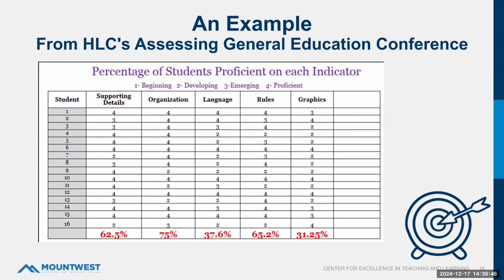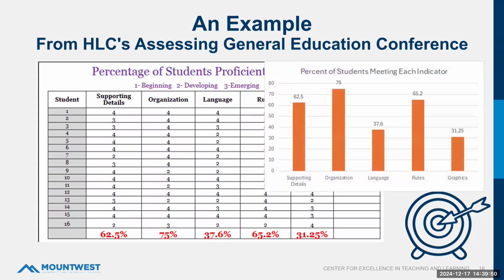So 31.25% of the students were proficient at graphics. That is a much more useful piece of information, right? 2.9 or 2.8, that's not really telling us anything. But less than a third of the students are passing, that's more informative.